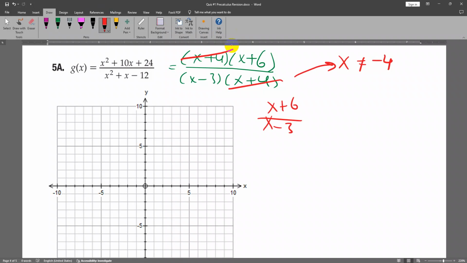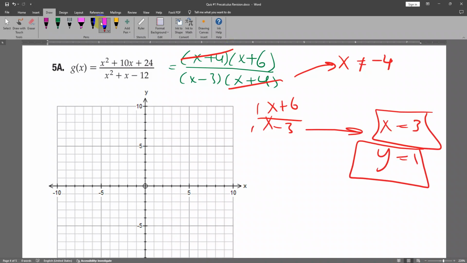Let's get the vertical asymptote. It's x equal to 3. About the horizontal asymptote, this is 1 and this is 1, so y is equal to 1 is the horizontal asymptote. We can draw it right now. So 1, 2, 3, this is our vertical asymptote, and y is equal to 1, this is our horizontal asymptote, and we got a zero at -6, so here.